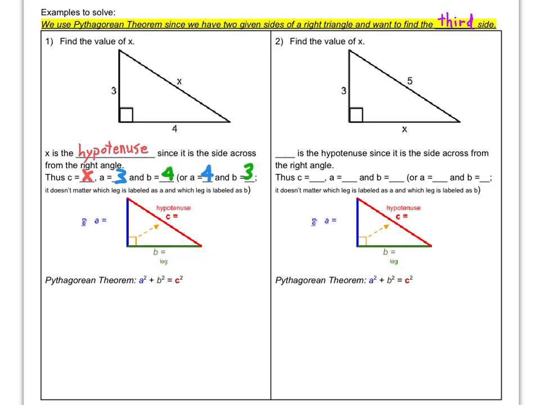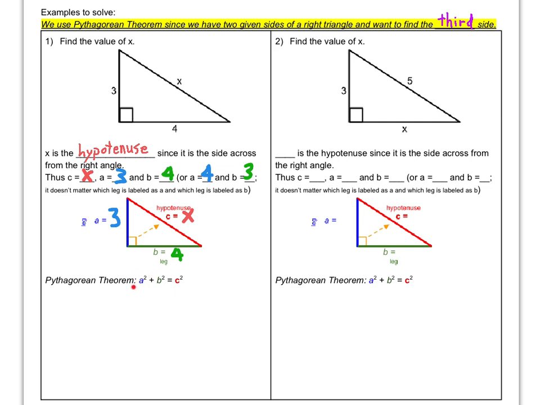It doesn't really matter which one is which leg, however you label them. What does matter is what's the hypotenuse. The hypotenuse is the important one. So labeling our triangle, we have leg in blue is a equal to 3, leg in green is b equal to 4, and the hypotenuse in red is our x.